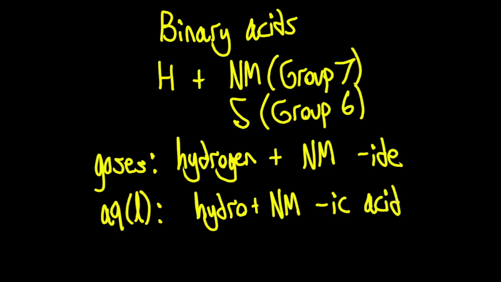We'll start out with some examples. Because group 7 is such a small group, there are only a few that you'll see out in the field, and then there's also hydrogen sulfide that we're going to talk about. The first one is going to be HF.